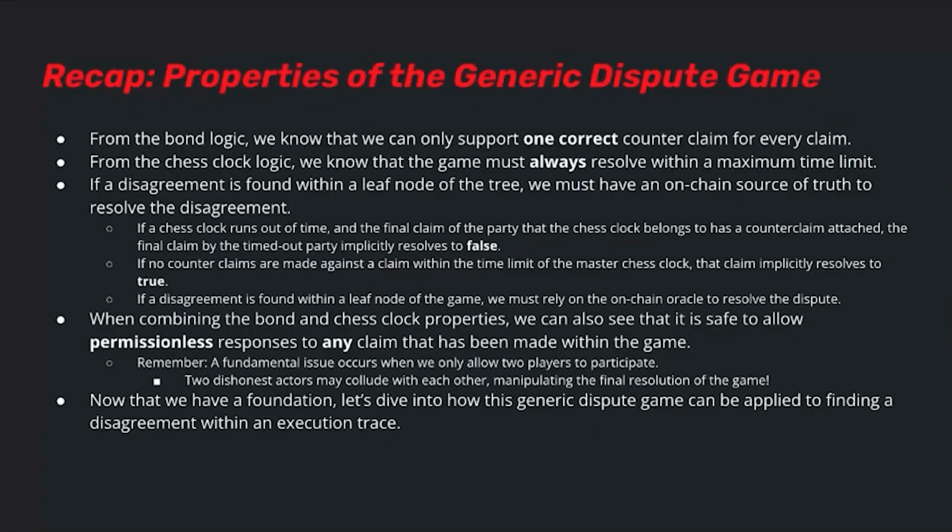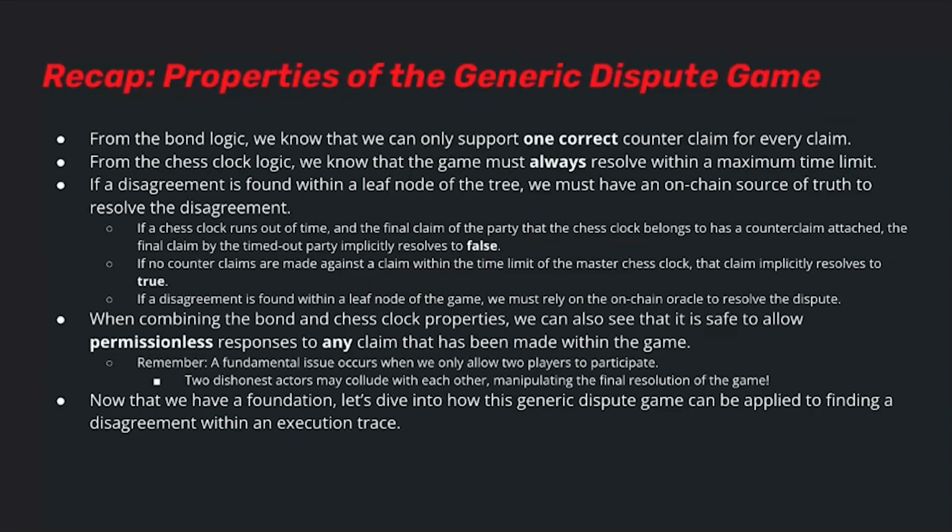So if someone makes an invalid claim, you support one correct counterclaim. So, okay, the bond is distributed when? It's distributed at the end of the game when it finally resolves, or is it distributed at every single step? Yeah, so that's actually a really important question, and it becomes a lot clearer in the next section.